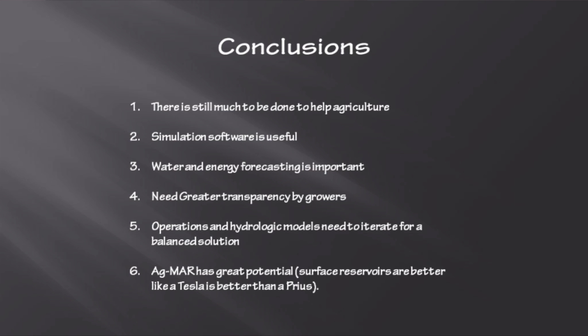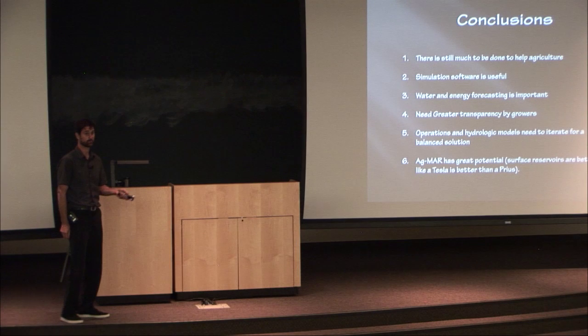Coupled operations hydrologic models, I think, are a very big step forward in terms of technology for regional scale regulation of these systems. And then finally, on the one type of scenario that we looked at, I think this concept of AgMar could have great potential, especially in California, where they have a lot of fallowed lands where we can increase aquifer recharge.